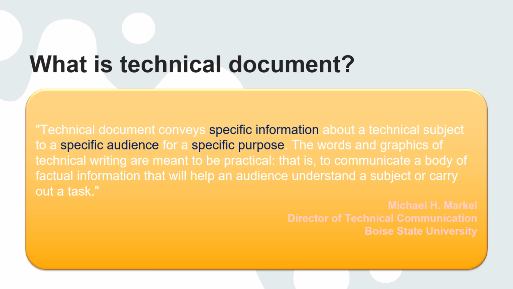Technical document is defined as having specific information and specific purpose, and you give the information to a specific audience. All right, so three features: specific information, specific purpose, and also specific audience.